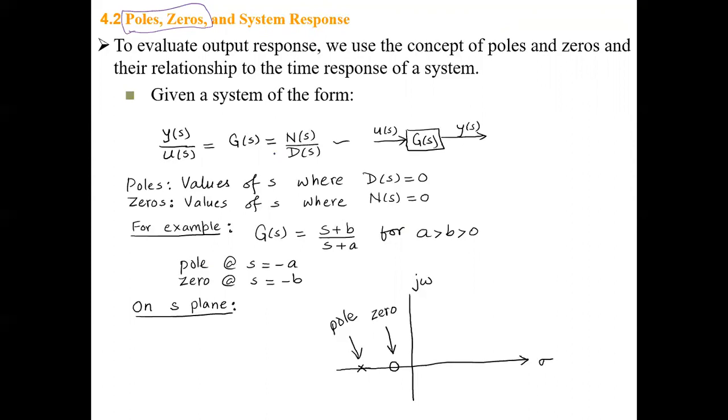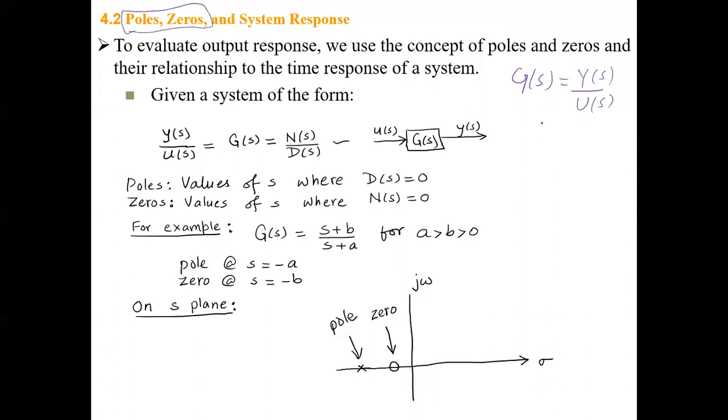Again, to understand poles, I will start with the transfer function. What is the transfer function? The transfer function G(s) equals output over input, right? Remember? Output over input. That's the transfer function.